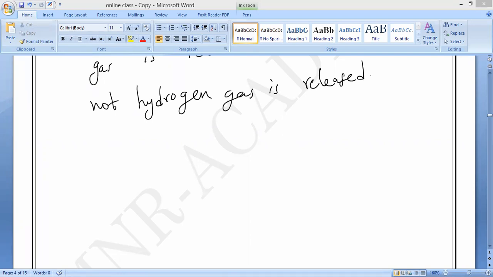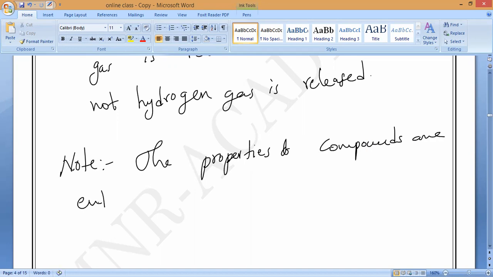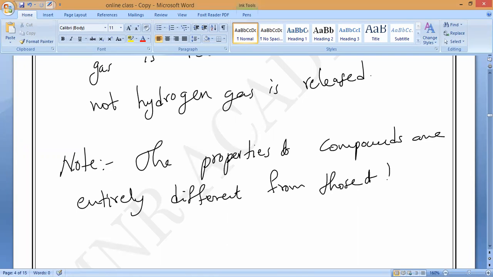Write the point. The properties of a compound are entirely, completely different from those of its constituent elements.